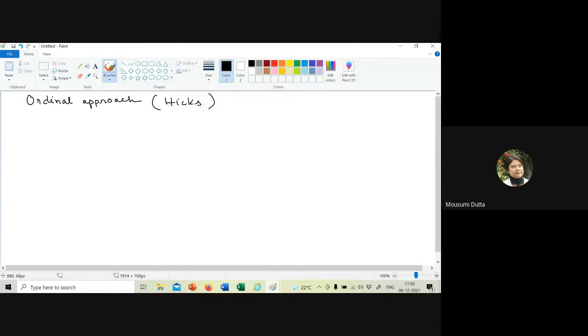So what we are assuming is that, given different bundles of commodities, the consumer will not be able to say how much utility or satisfaction they are getting out of this. However, they will be able to rank their preferences.